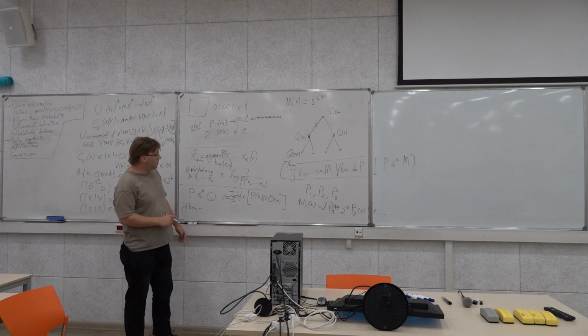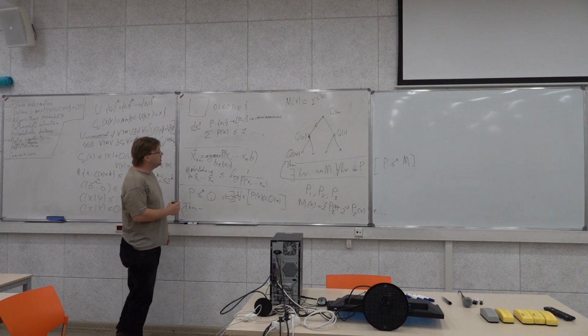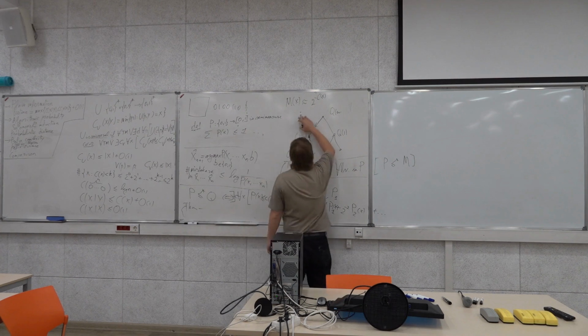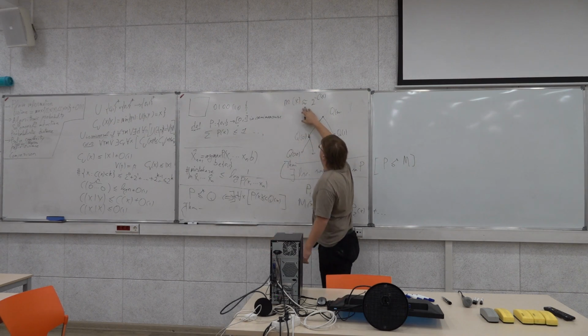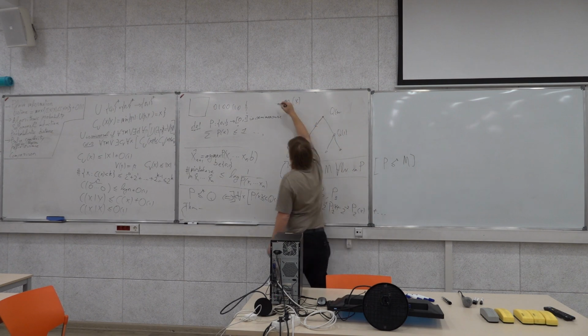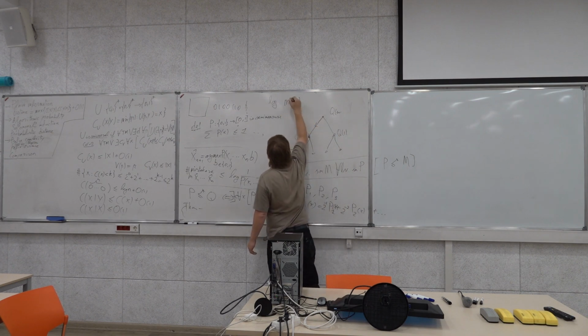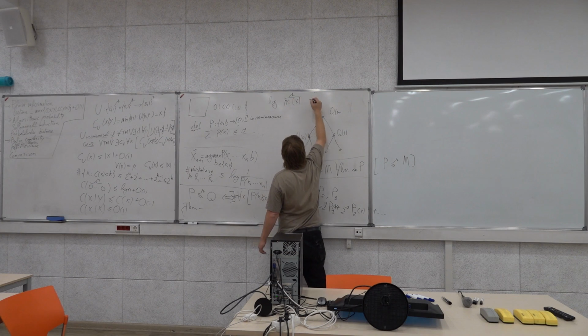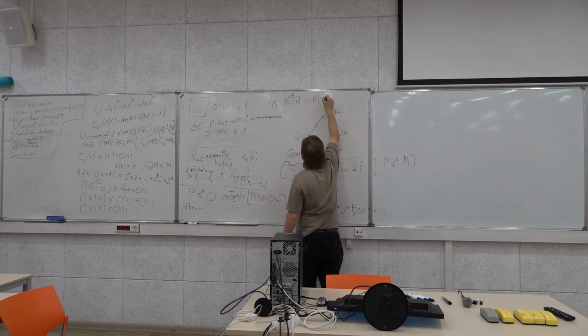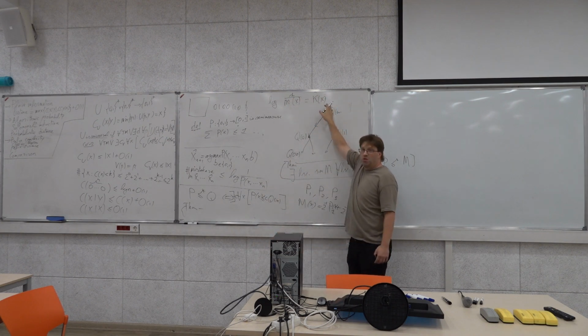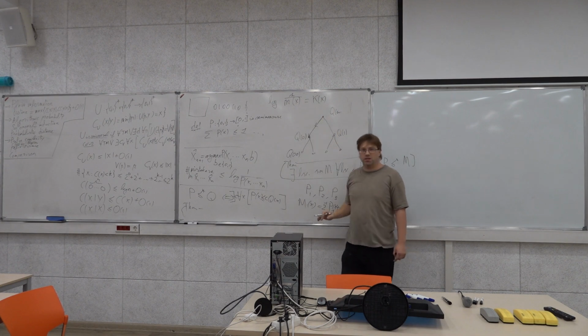And now we have a better result. For the discrete semi-measure, which people denote by little m, the logarithm of 1 over m is equal to the prefix-free variant of Kolmogorov complexity. I will say later what it is.